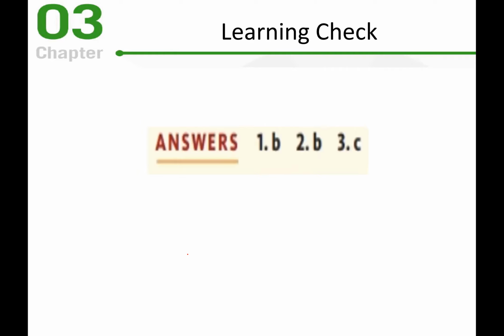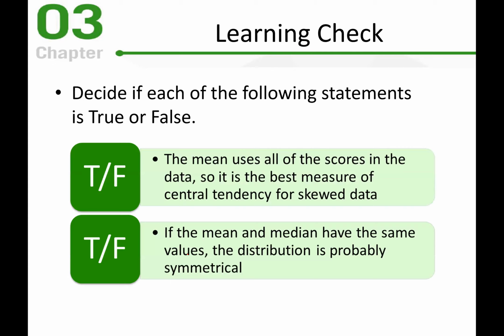And so here are the answers to the questions. Here are some additional questions. We want to decide if each of the following statements are true or false. This one says the mean uses all of the scores in the data, so it is the best measure of central tendency for skewed data.